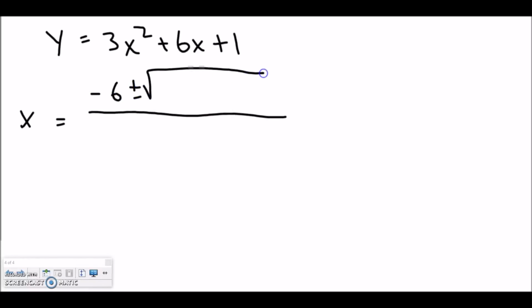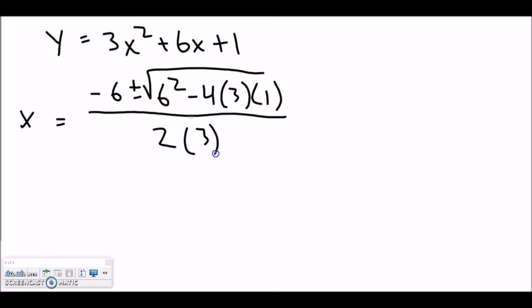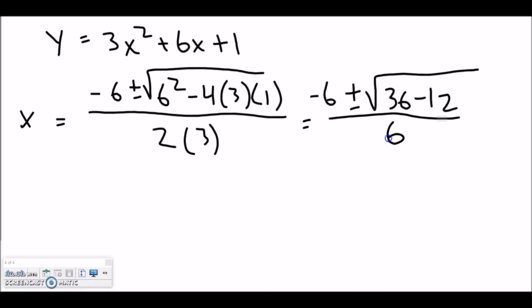Negative 6 plus minus square root of 6 squared minus 4, a is 3, c is 1, over 2 times a, which is 3. Negative 6 plus minus square root of 36 minus 12 over 6. That is negative 6 plus minus square root of 24 over 6.